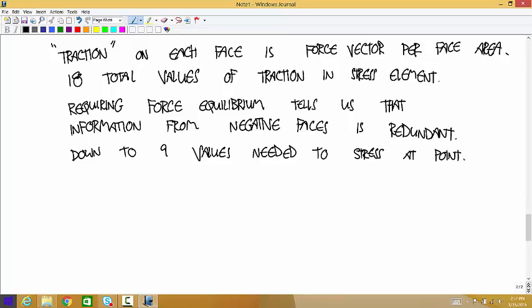And this comes from Newton's second law. Now we can also enforce the rotational equation, and we can eliminate some more of these things.